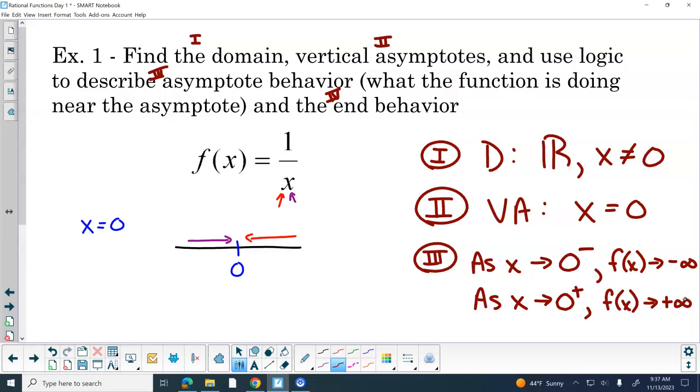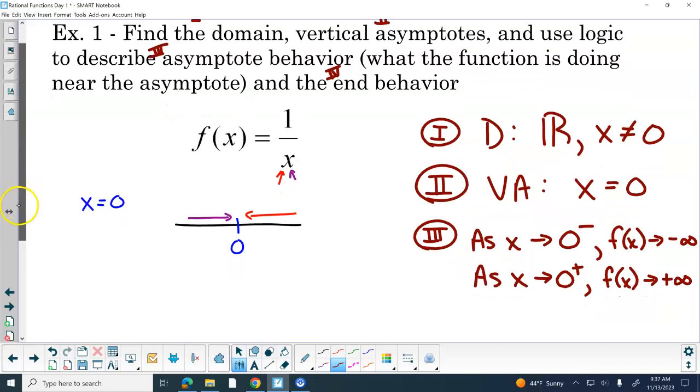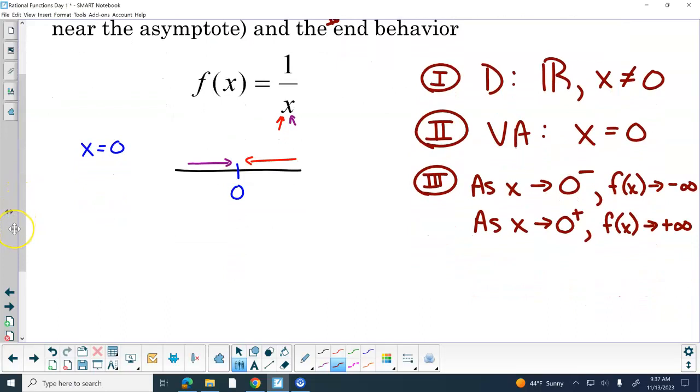Take a moment to let that sink in. All good on that? Okay. Now we've got end behavior. This would be as x approaches positive infinity, what's my function doing?